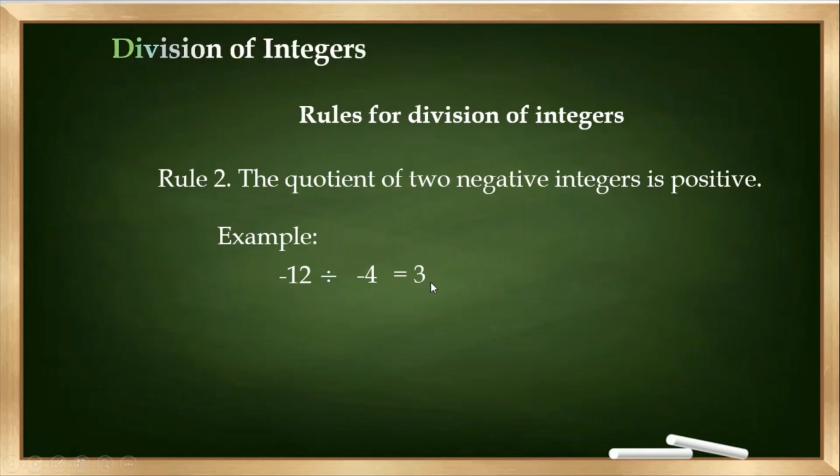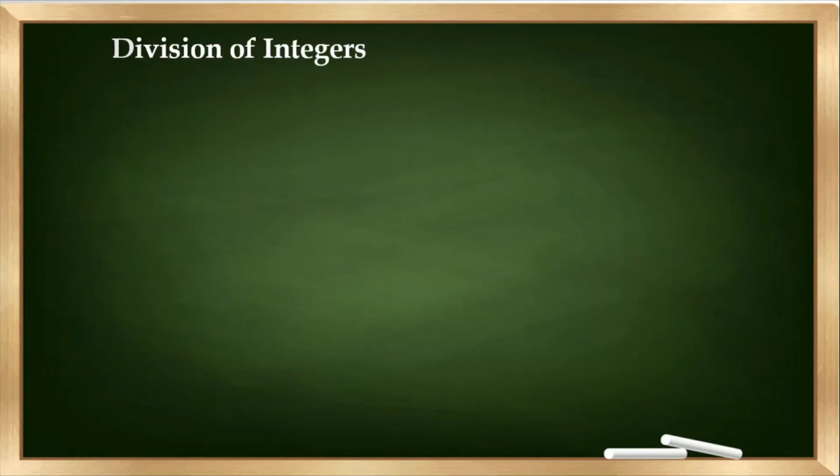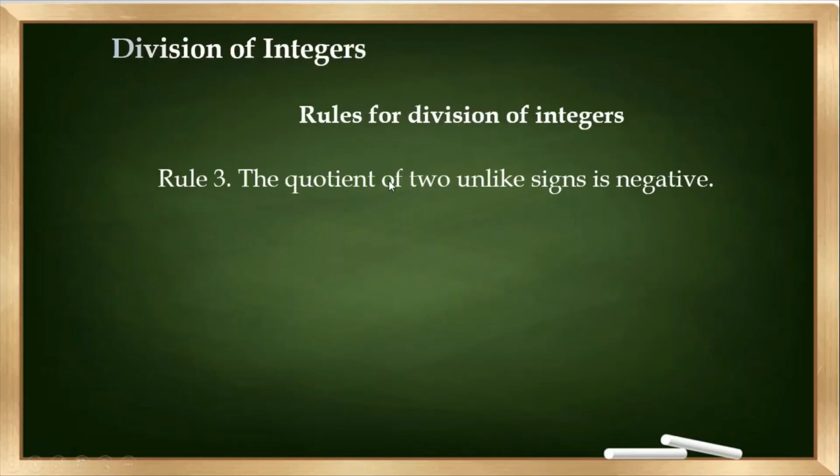So kung pareho silang negative, yung sagot niya ay magiging positive. Negative divided by negative is positive. Another one is negative 15 divided by negative 3. That is positive 5.